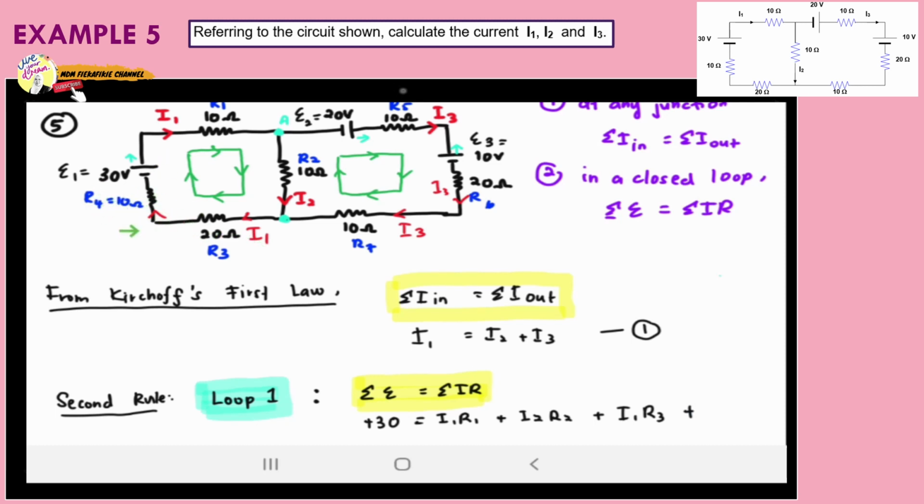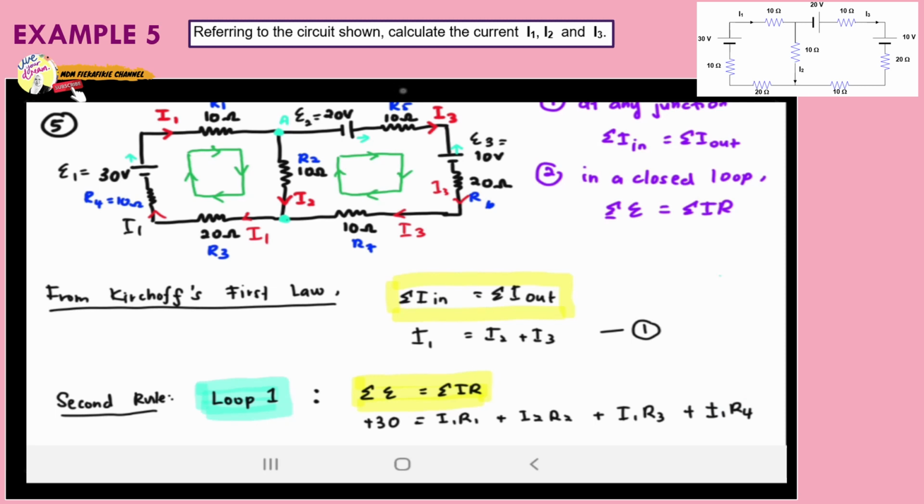Look at here, the flow of current I1 is clockwise, and I1 here is upward. Same goes to this one, also clockwise. So it's a positive value, plus I1 R4.